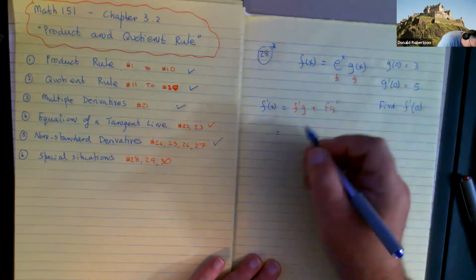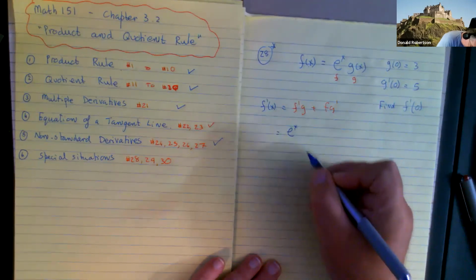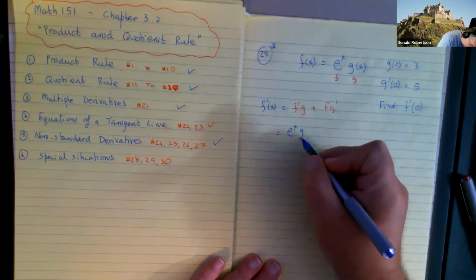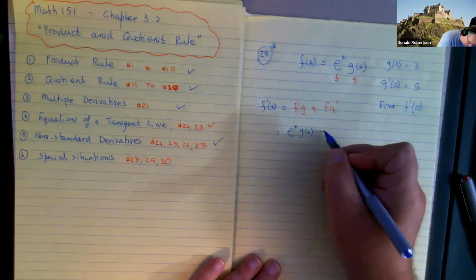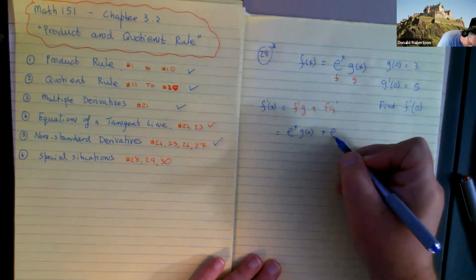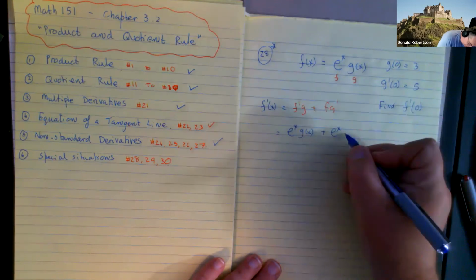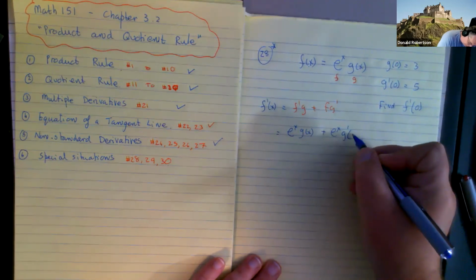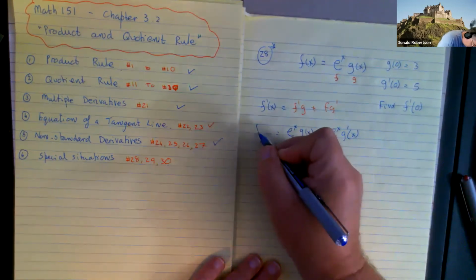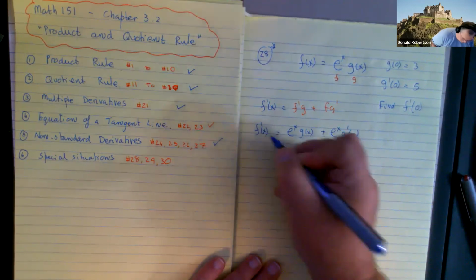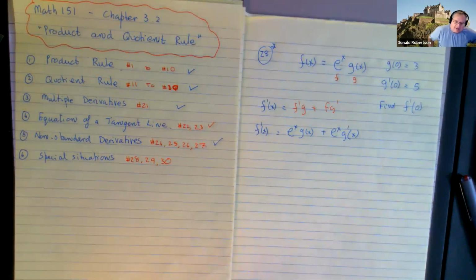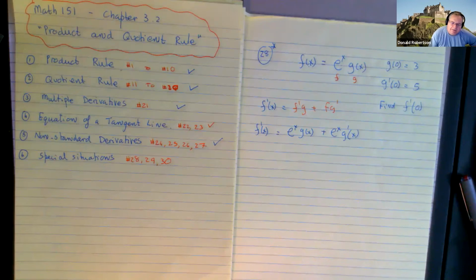Well, if you differentiate e to the x, you get e to the x, and then you leave this alone, you get g of x. You leave this alone, you get e to the x, and you differentiate this, and you get g dashed of x. And now we pause, and we should be saying, hey, where do I go now?